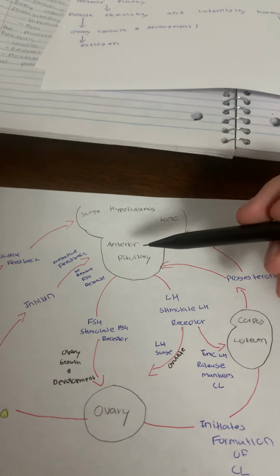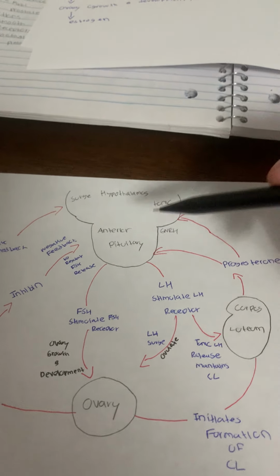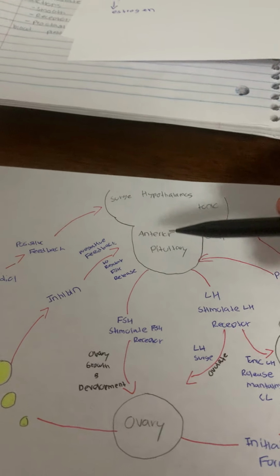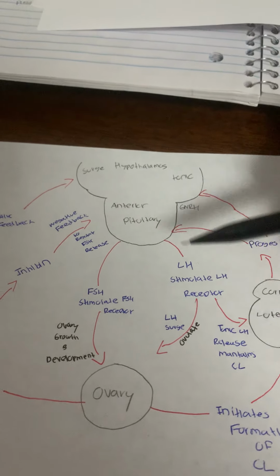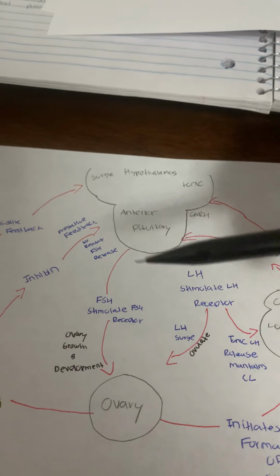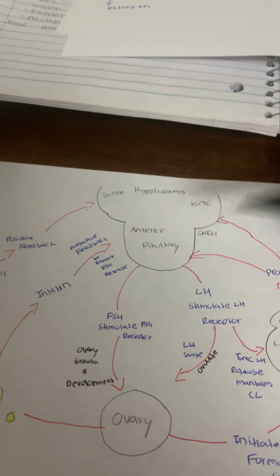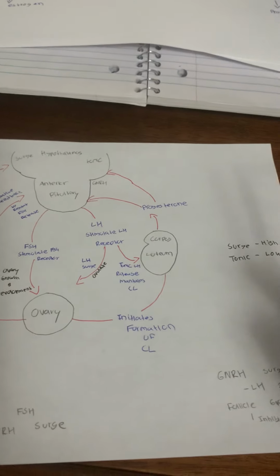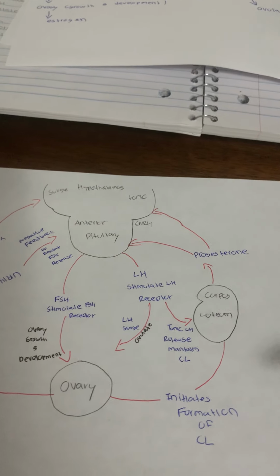Our anterior pituitary gland has two hormones that come from it, as you can see here: our FSH and our LH, which are follicle stimulating hormone and luteinizing hormone. What I'm going to focus on first is this portion right here.